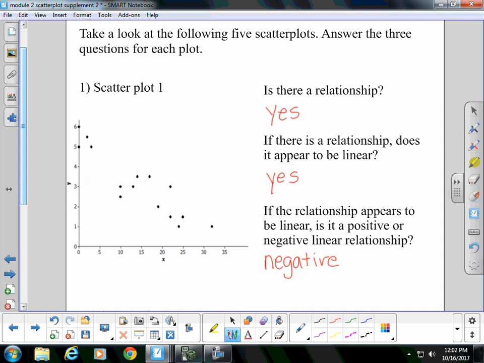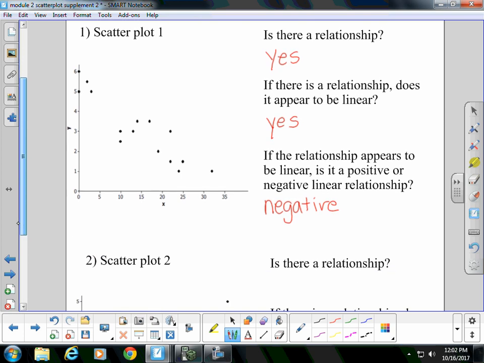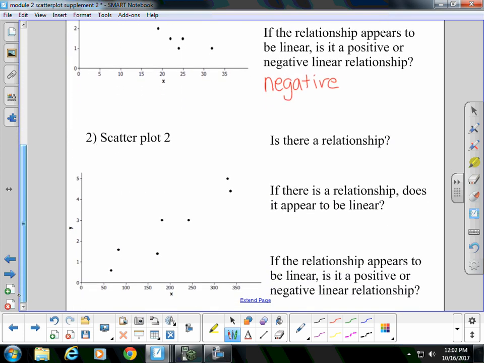Negative means that when you look at it from left to right, the points are going down. Okay, next scatter plot. Is there a relationship? Yes. You'll know when we get to one that has no relationship, that would be the one that's scattered all over the place.